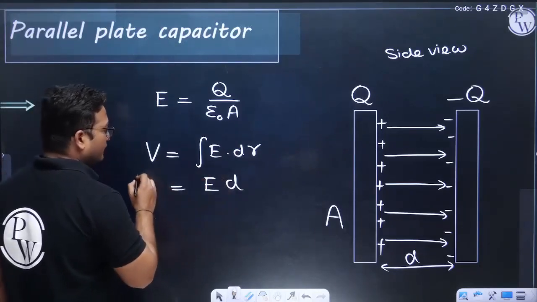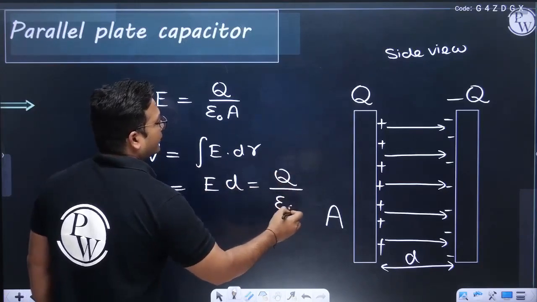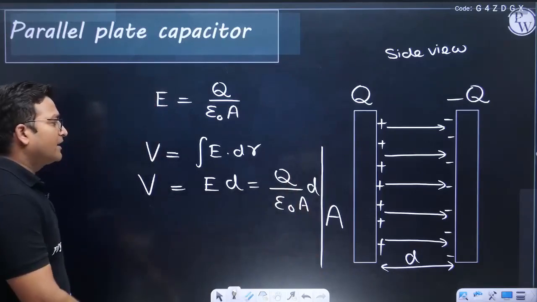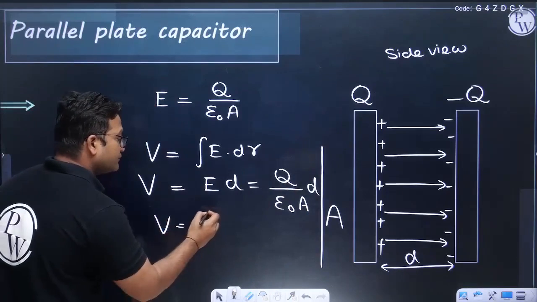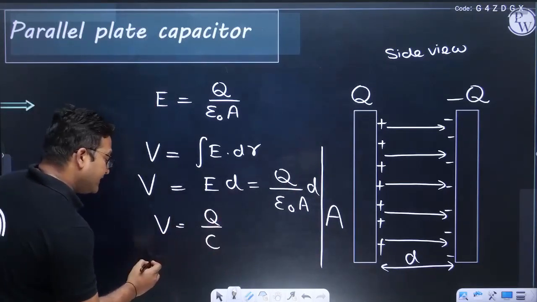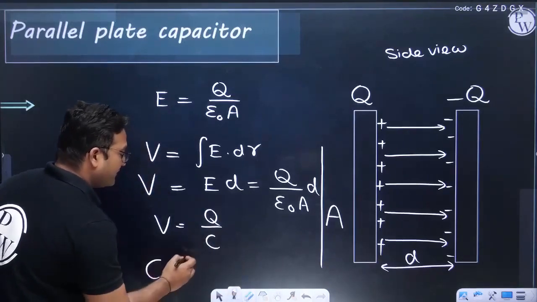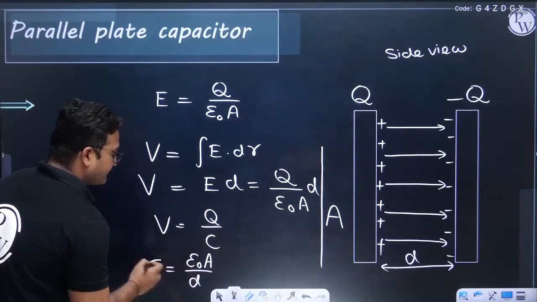Let me write V equals E, which is Q divided by epsilon naught A, times D. Now, if you compare this equation with V equals Q by C, you would see the capacitance of this parallel plate capacitor will be equal to epsilon naught A by D.